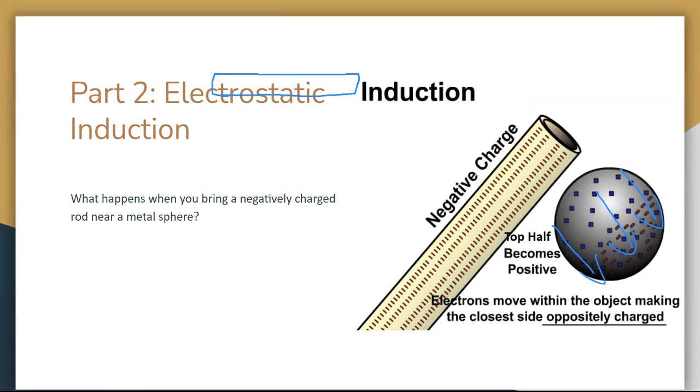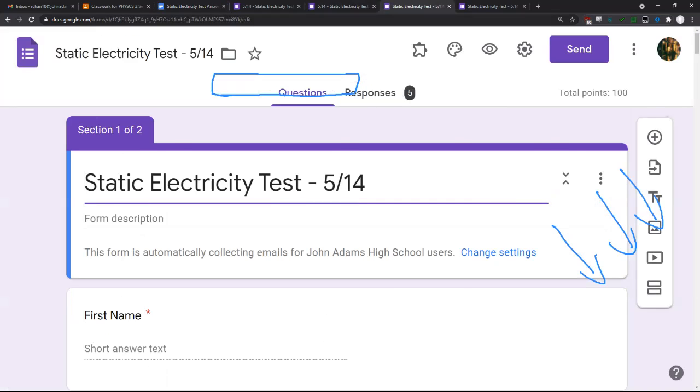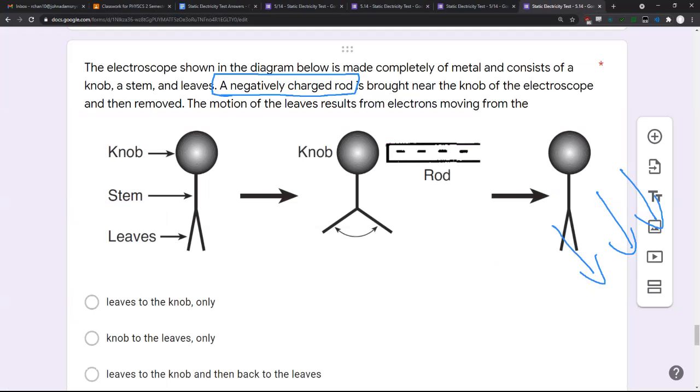So you're going to apply the same logic here.